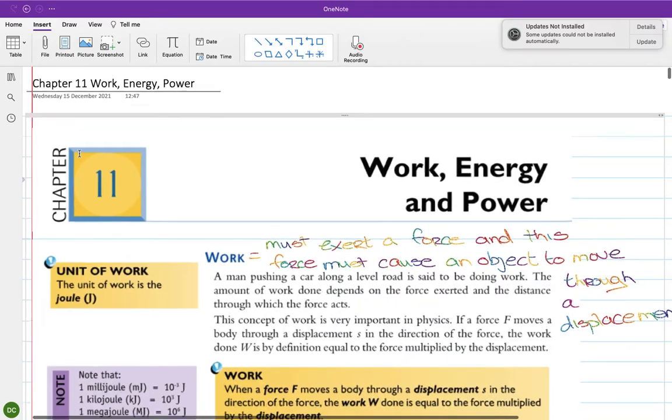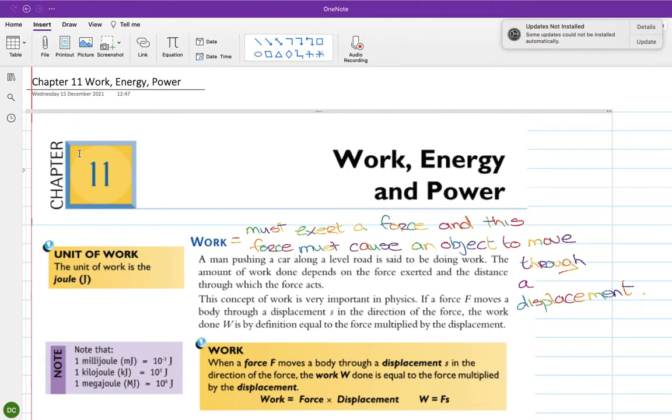Is that okay? So that's work in the physics sense.